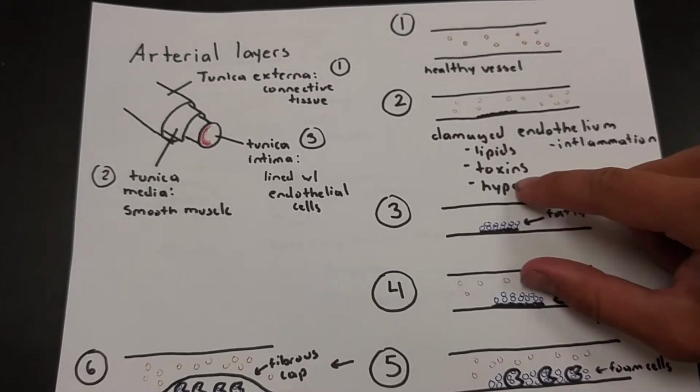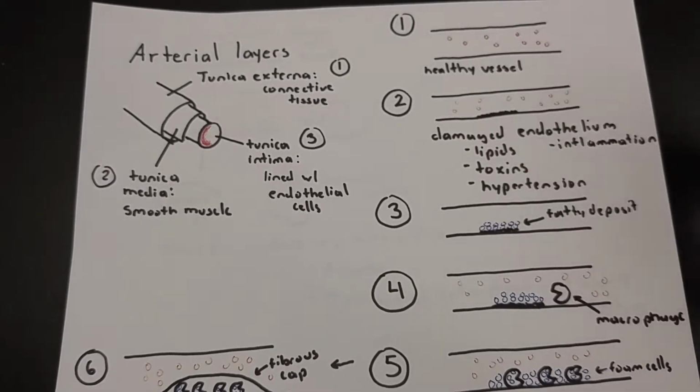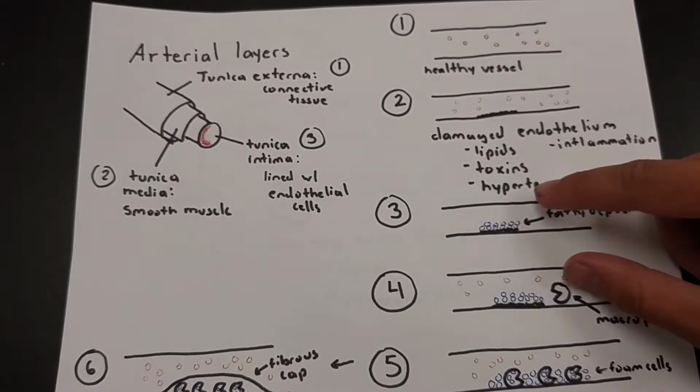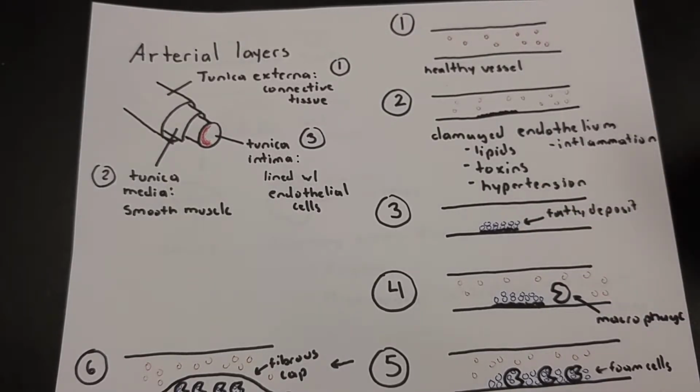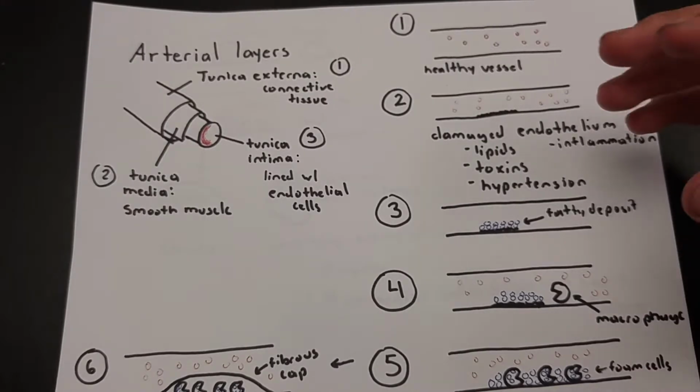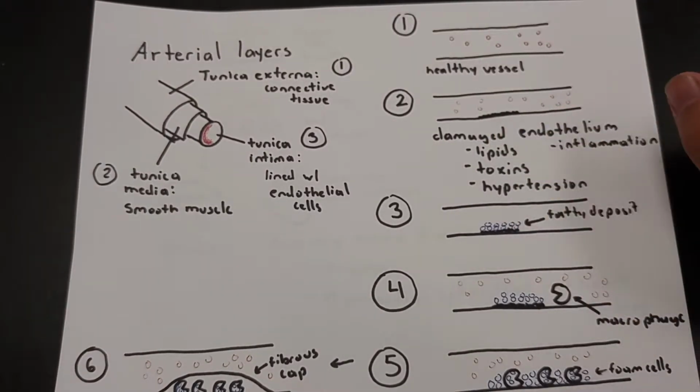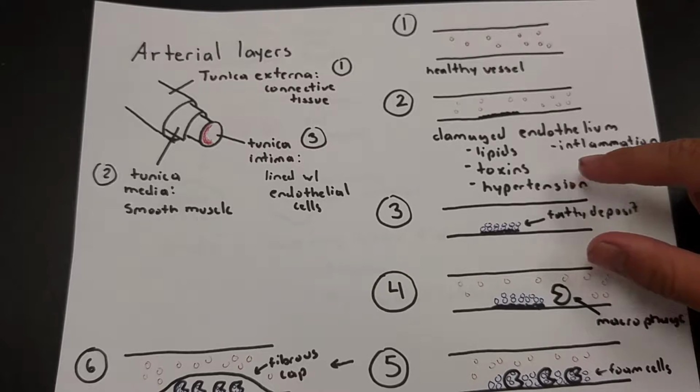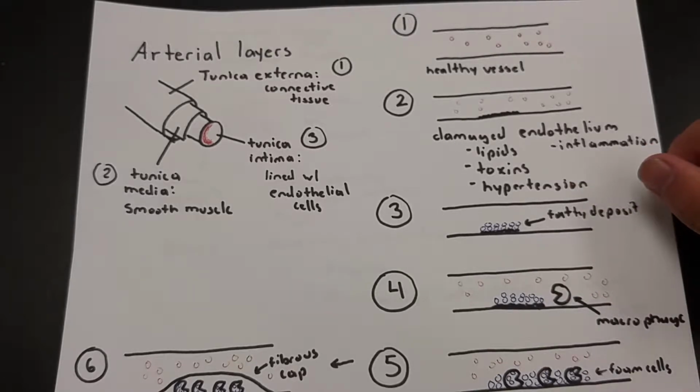Another cause is toxins, such as toxins from smoking. Another is hypertension, or high blood pressure. Another is inflammation. If you have an inflammatory disease such as lupus, that can also damage the vessel.